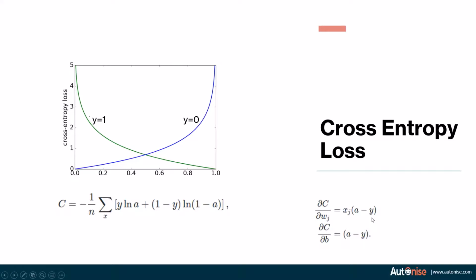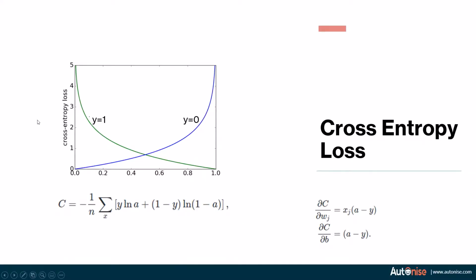By doing the mathematics, they found out that if the cost function has a certain structure like this, then the derivative of the cost function with respect to its parameters would be independent of the derivative of the sigmoid function. So that is how people found out that we should use this cost function if we are using the sigmoid activation function.